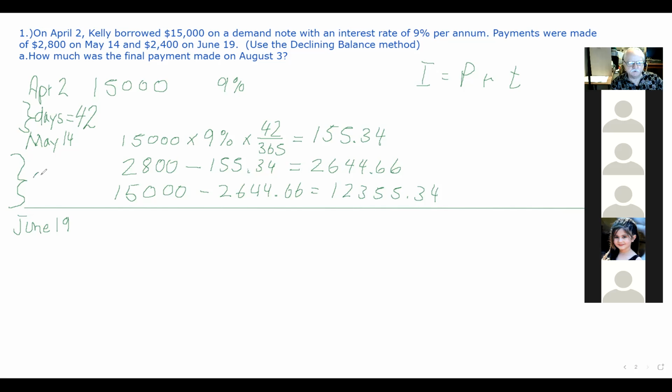And we're getting 36 days here. So the next thing the teller has to do is take the outstanding principal, which is now down to 12355.34, multiplied by the 9% and multiplied by 36 out of 365 to figure out how much interest has accrued on the loan.